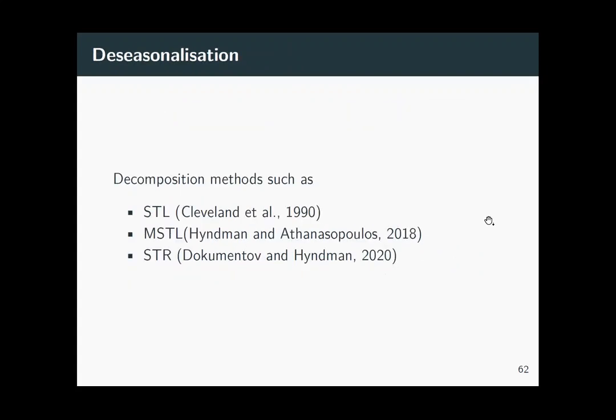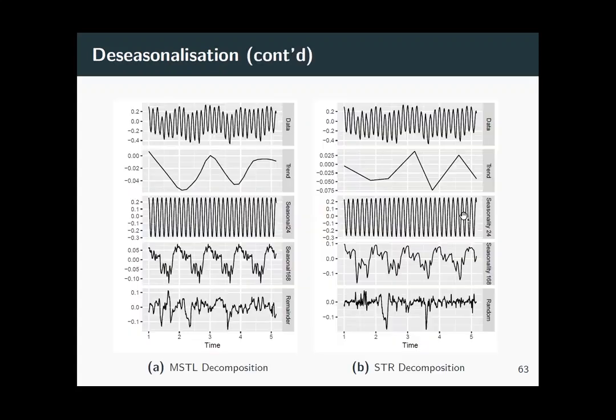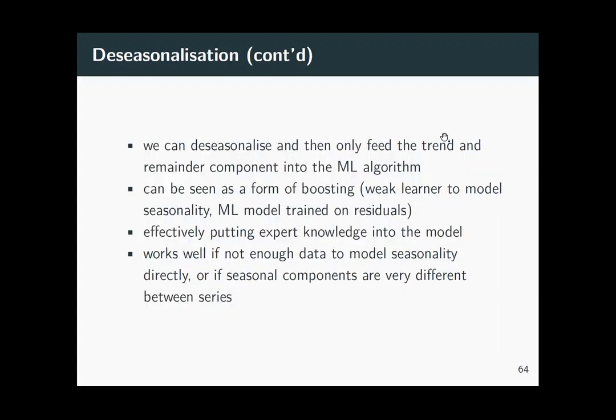For deseasonalization, there are different methods like STL, MSTL, and STR. We can deseasonalize the series and only feed the trend and remainder component into the algorithm.